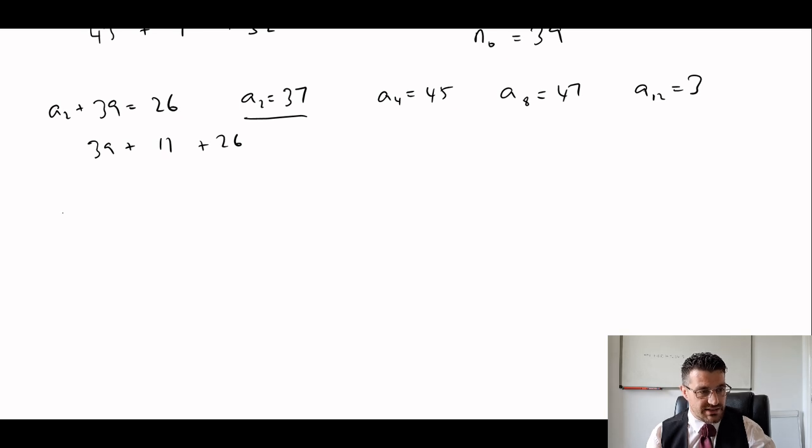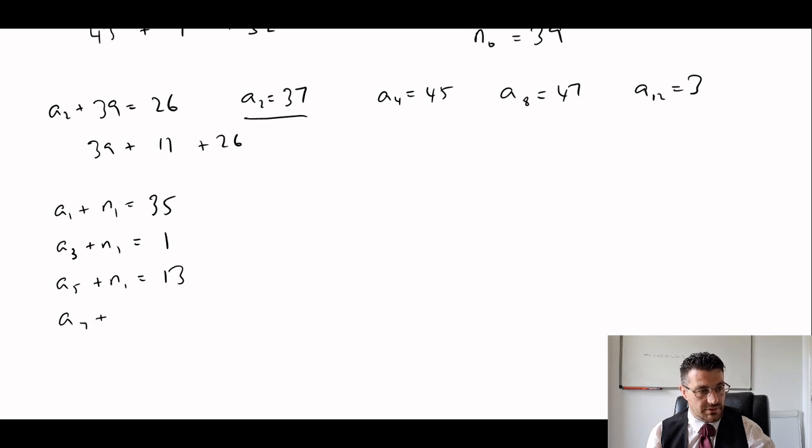So, okay, we get a similar set of equations. A1 plus N1 is equal to 35, again modulo 50. A3 plus N1 is equal to 1. A5 plus N1 is equal to 13.